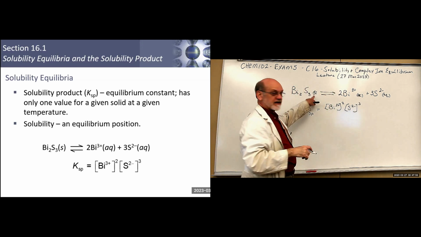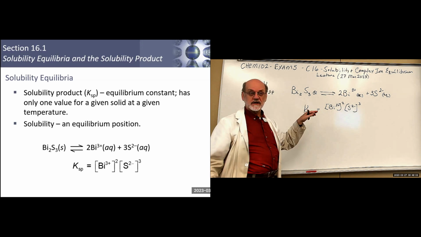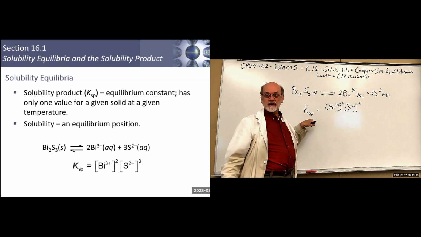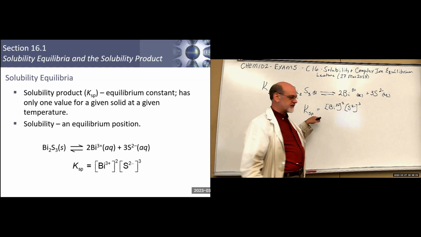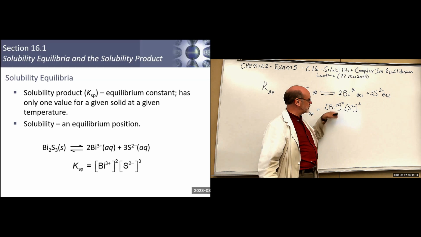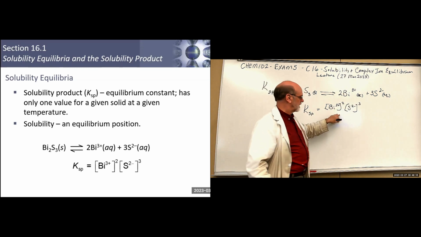And since that's a solid, it's not there. Solids and pure liquids don't enter into the equilibrium expression. So that's why it's called the solubility product, because it's always a product of the two ions, or more ions. There may be more.